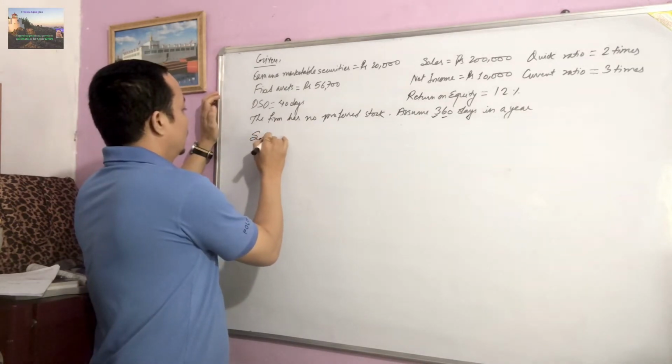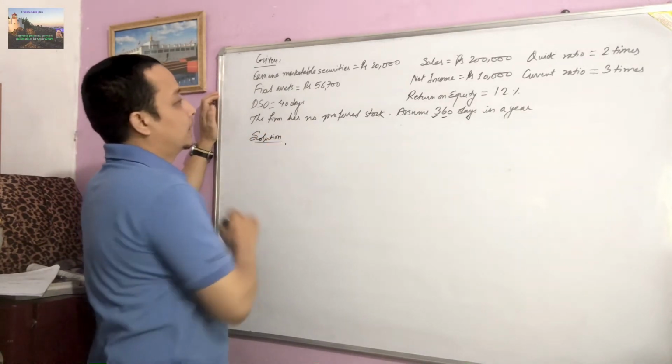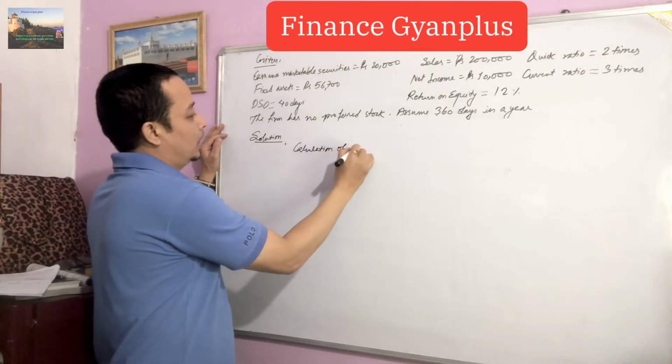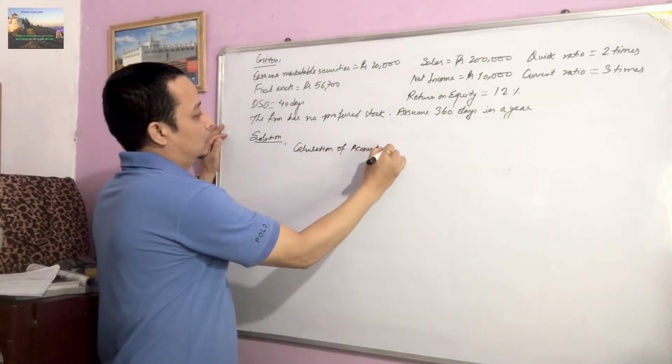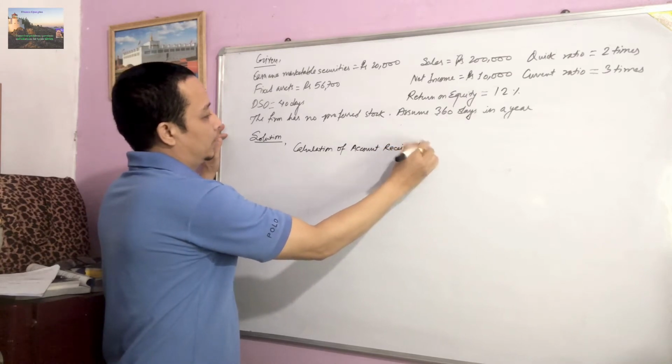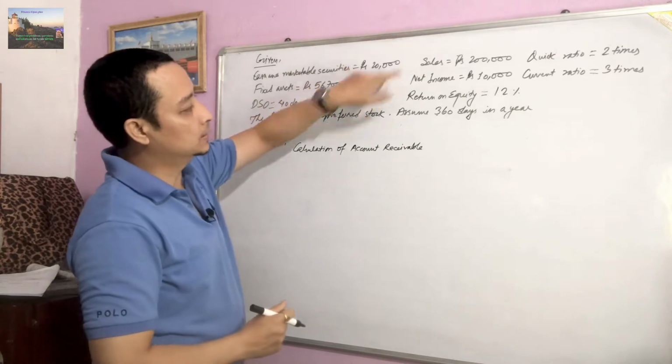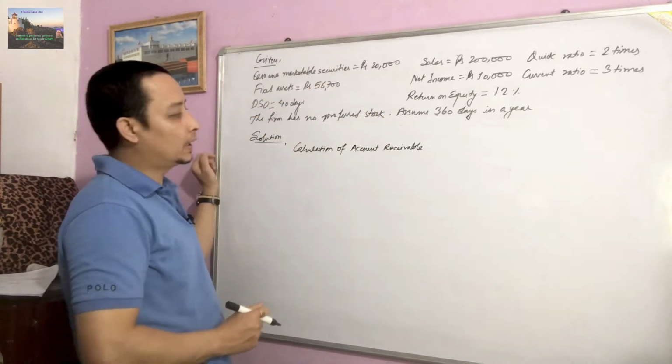Solution. First you have to find account receivable. Calculation of account receivable, you can use the information here, days sales outstanding, sales and days in a year to find the account receivable.